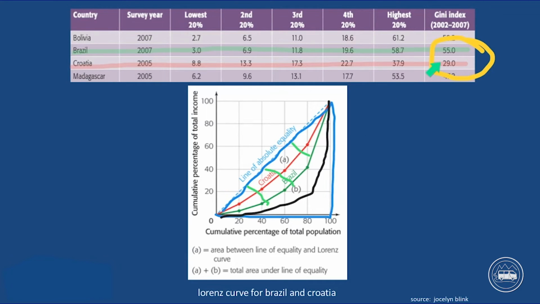And therefore, it makes sense that Croatia, which is this red line, the area between the line of absolute equality and Croatia, looks like about 25% of the overall blue triangle. And lo and behold, it's 29%.